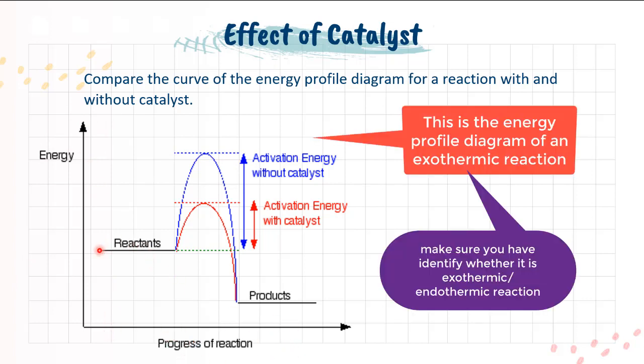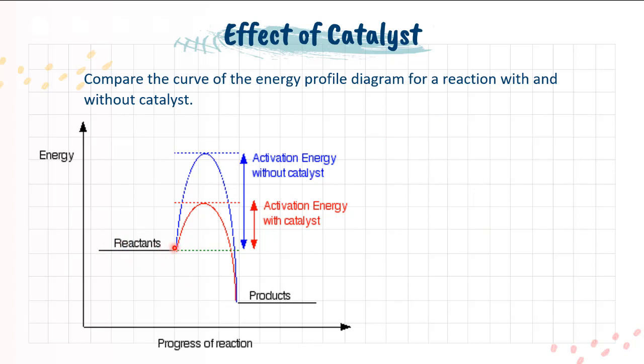Over here, we have reactants, and then this one will be your transition state, whereby you have your activated complex, and then you have your product. For the reaction without the use of catalyst, the activation energy is higher. That means you need more energy to overcome so that you can proceed to form the product.